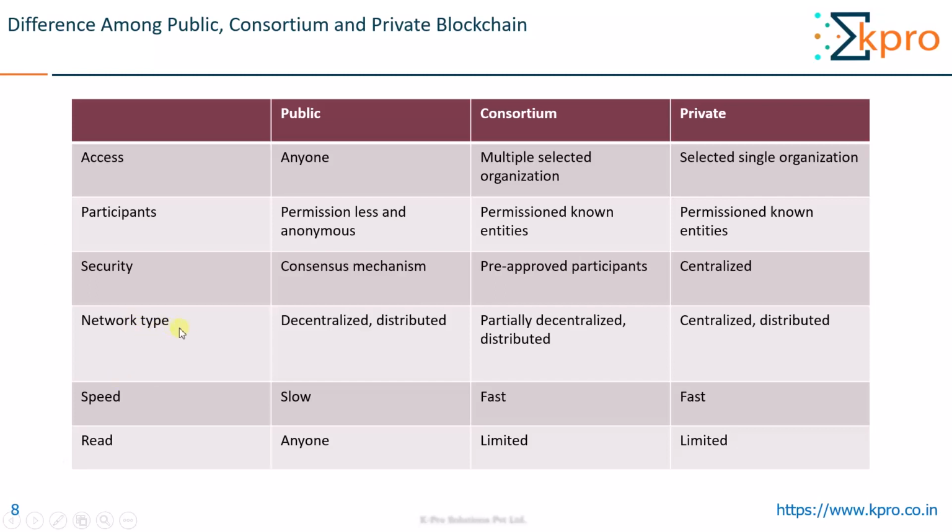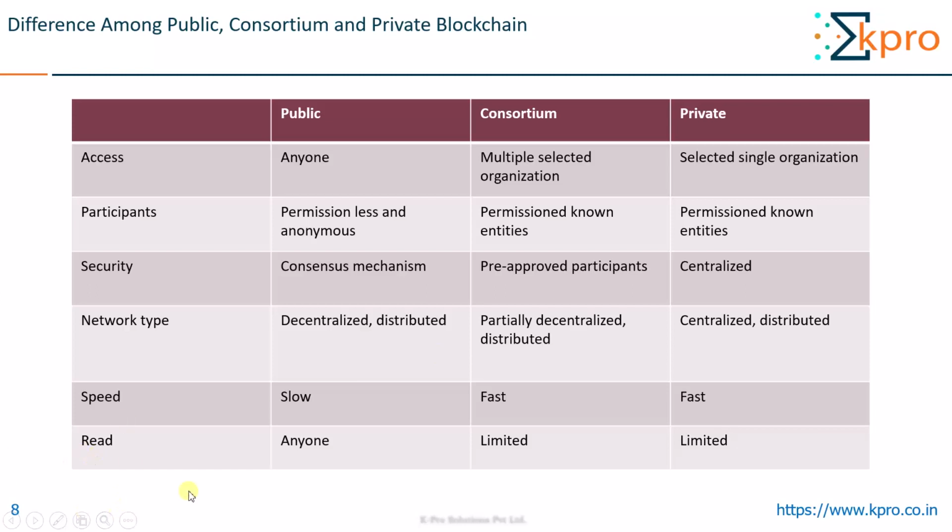Next, based on the network type, public blockchains are decentralized and distributed. Consortium blockchains are partially decentralized and distributed. And the private blockchains are centralized and distributed. Based on speed, public blockchain is comparatively slower than the other two, that is consortium and private is the fastest.